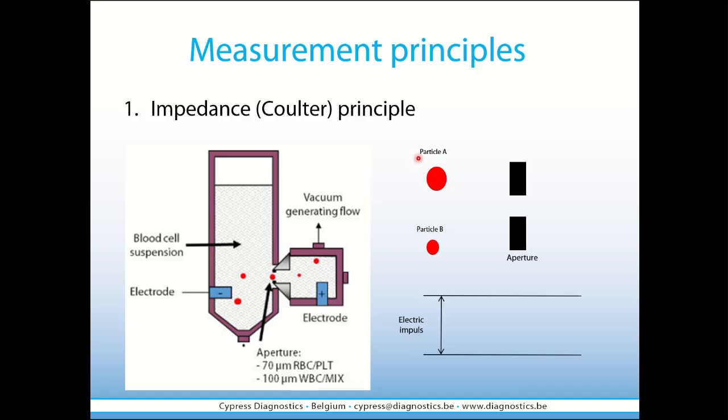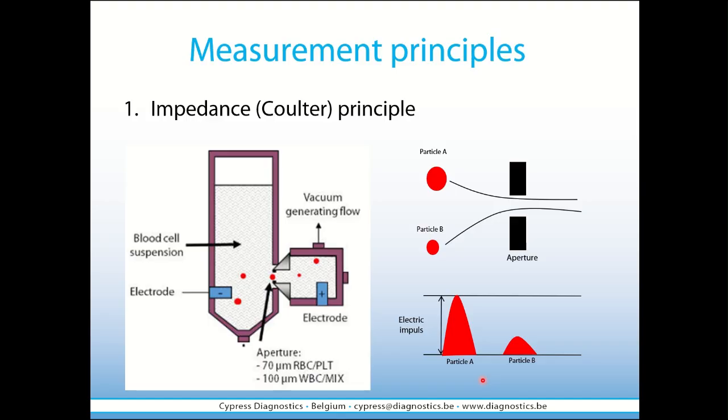And so we will see that a big particle A, when it passes through the aperture, a big electric impulse will be recorded. When a small particle B passes the aperture, a smaller impulse will be recorded. So each event is counted as a cell, and the distribution of the cells is made by the height of the electric impulse.